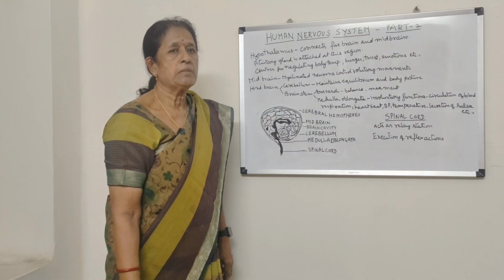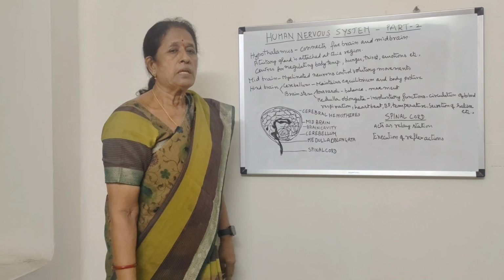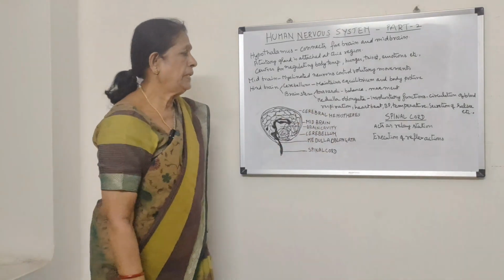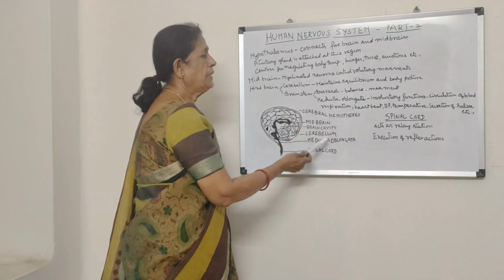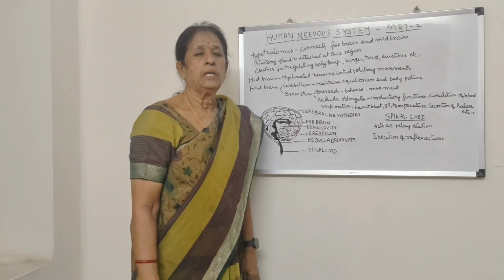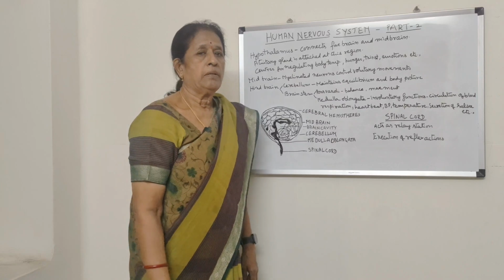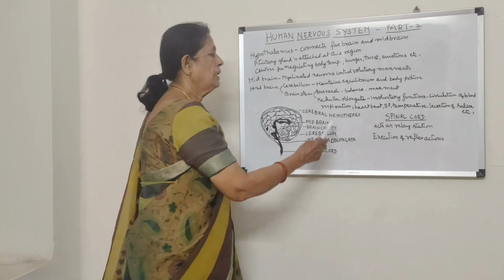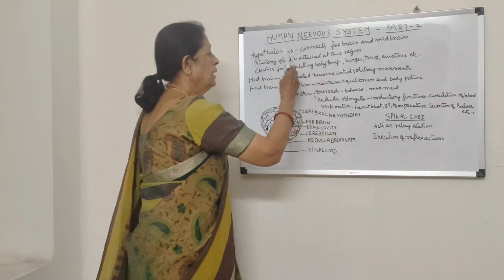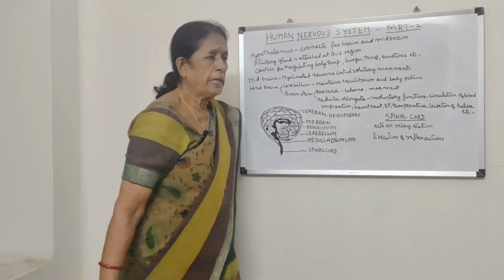Involuntary functions means the actions which are not under our control, like circulation of blood, blood pressure, respiration, heartbeat, temperature, secretion of saliva. They are controlled by medulla oblongata. So these are all the parts of the brain.